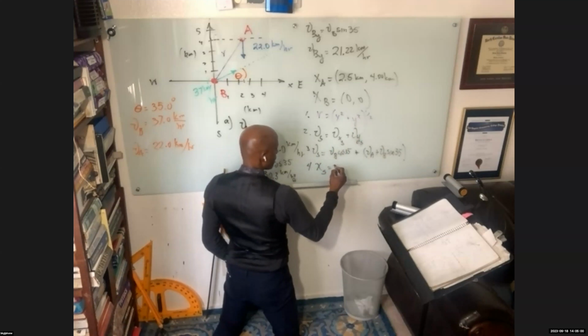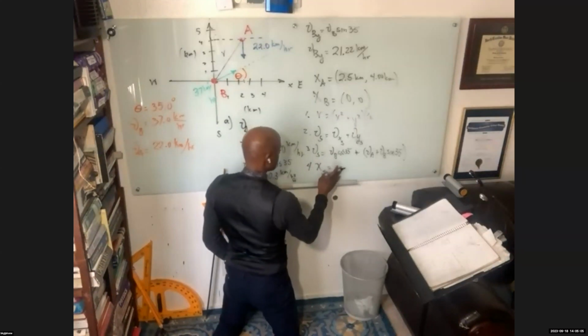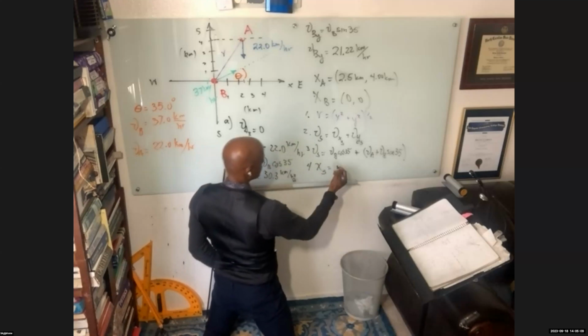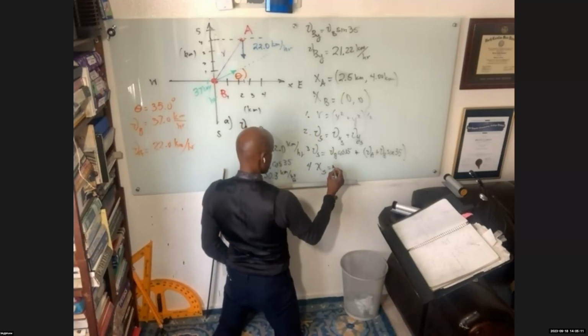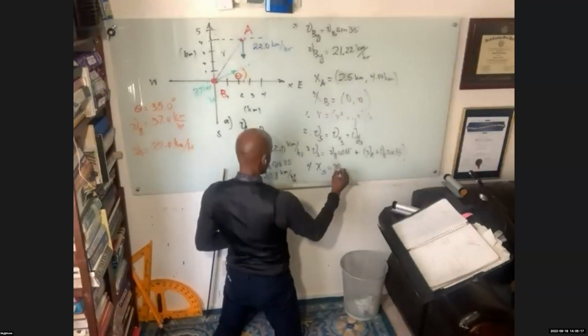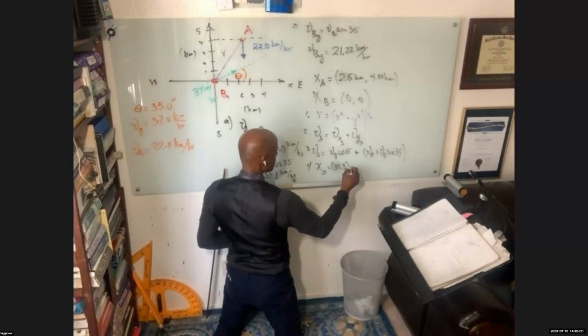So VB, we already know what it is, so I'm going to go ahead and put that in. So VB cosine theta, yeah, we'll put it in. So VBX, that's this guy, so that's 30.3 times T.